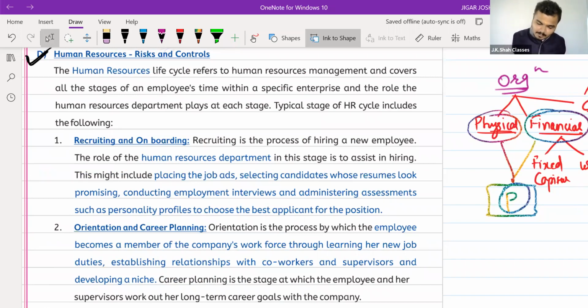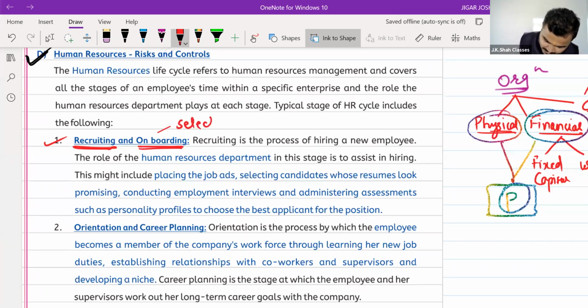Sure. Come on. If you remember the chapter number one only, question number three only, in that supporting process, I had already explained these HR related functions. Yes, sir. So first one is recruiting, and second is onboarding. Onboarding means what? Sir, selection. Understood? Yes, sir.